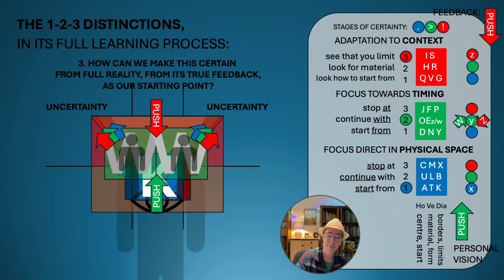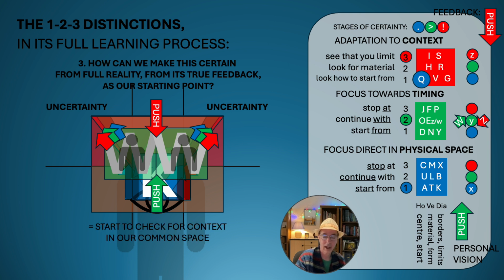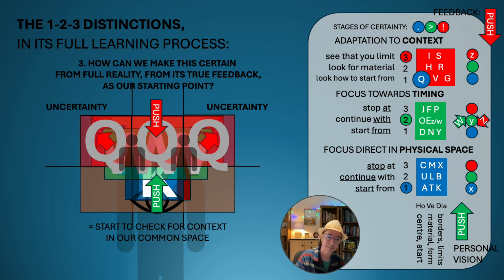Okay, go now to the third level. So there is a push from underneath, and there's a push from the feedback process, and from full reality we get a feedback process, which at the third level of context we will sense 100% how that works. And starting to check for context, we can also do by checking how that works in our common space for we.